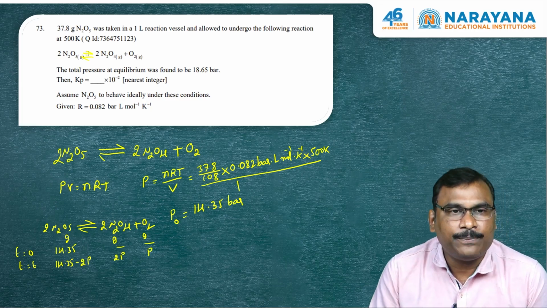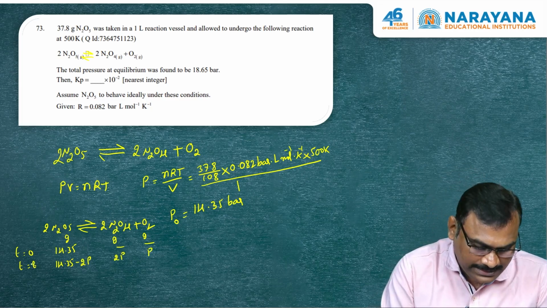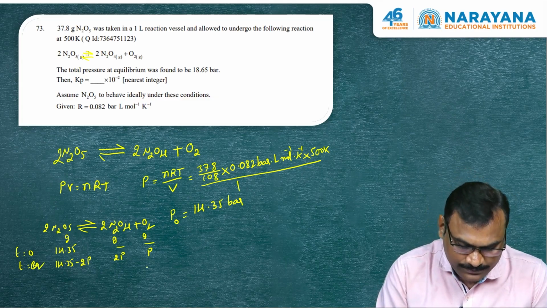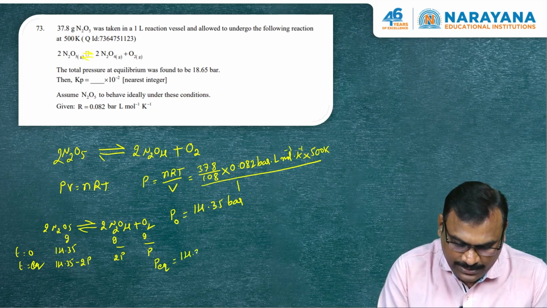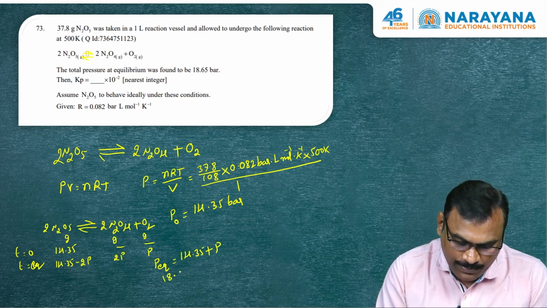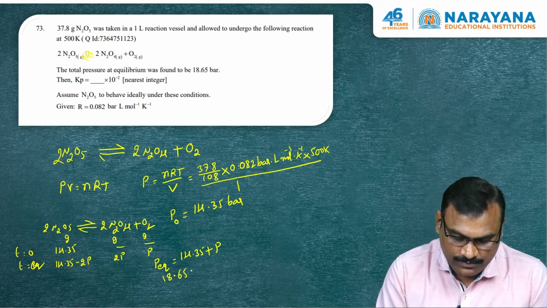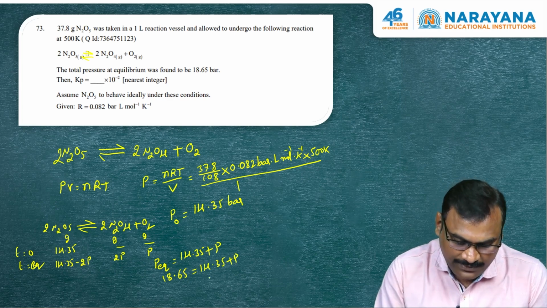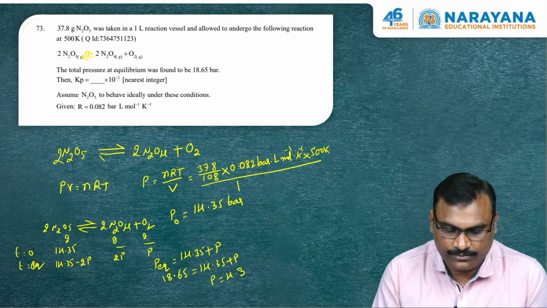So the total pressure at equilibrium is 14.35 plus p. In the given question it is 18.65, equal to 14.35 plus p. Therefore, the pressure p is equal to 4.3.